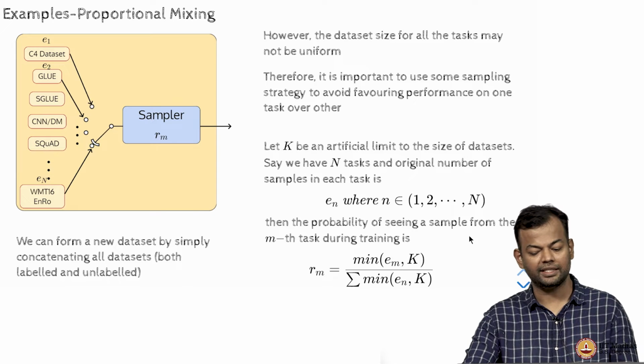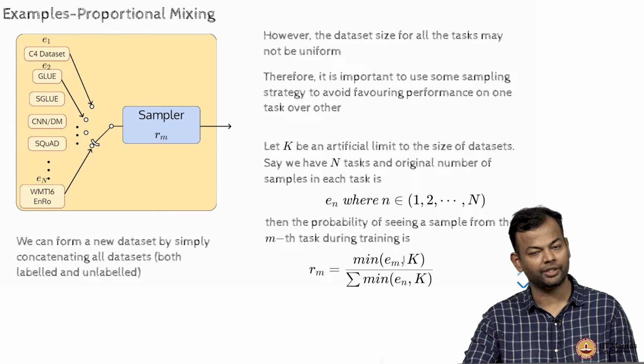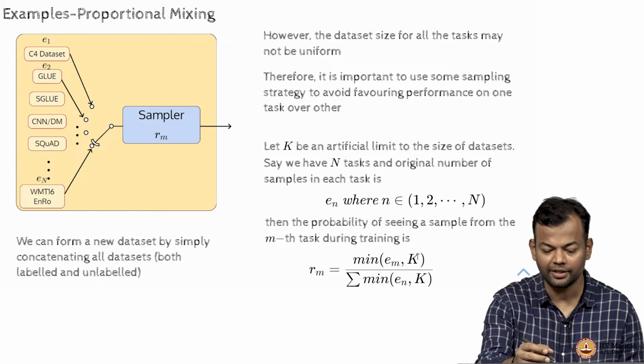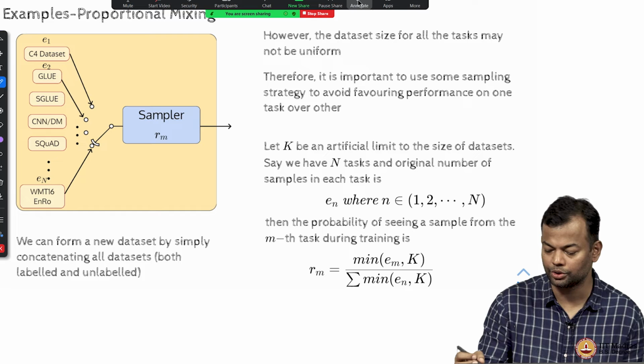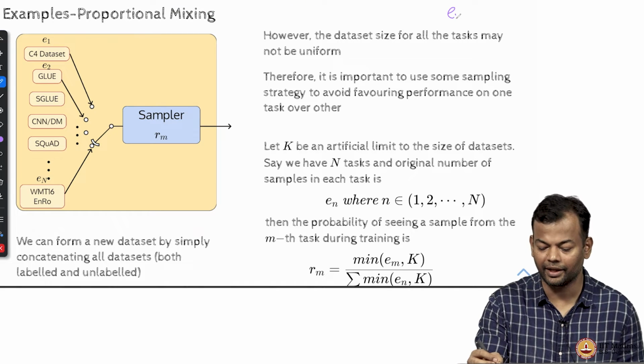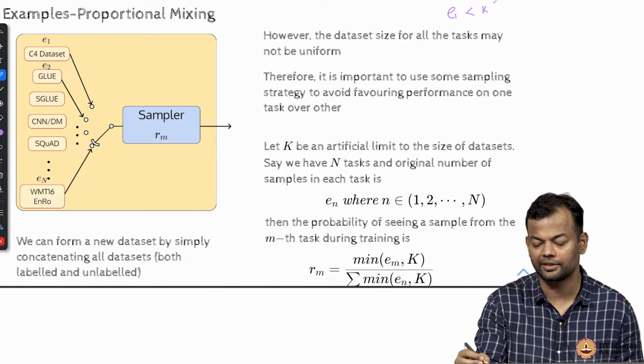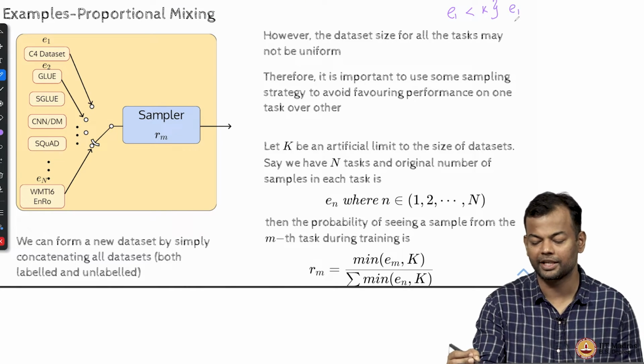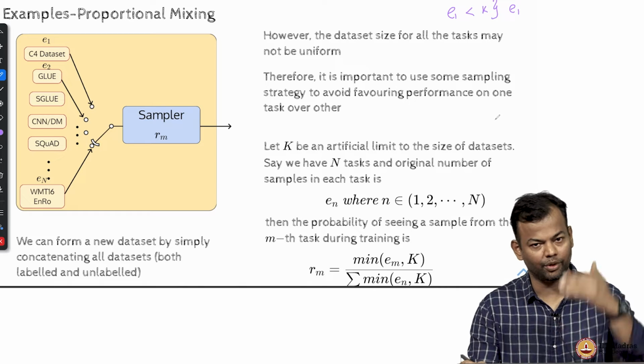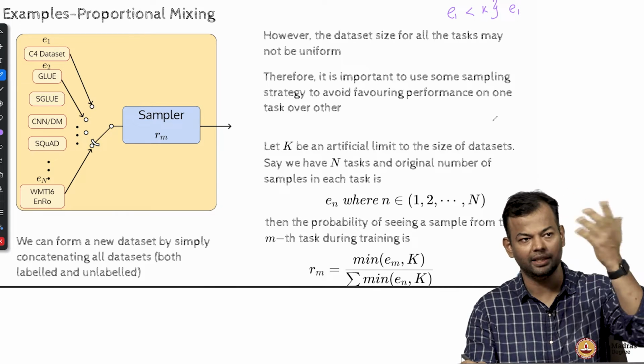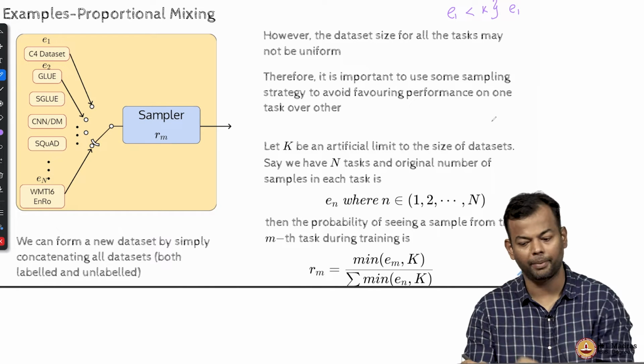Then the probability of seeing a sample from the mth task during training is given by the following formula, right? So it's because you're going to restrict it to k. So for a given task, there are two possibilities: that E1 was less than k, in which case the number of samples that you will see during training would be E1, because you have capped at k, so anything less than k would pass, right?